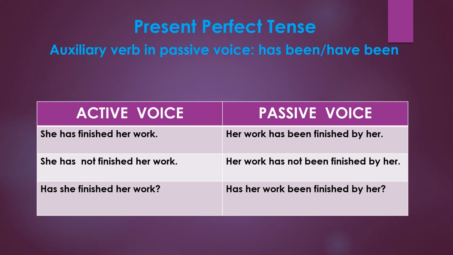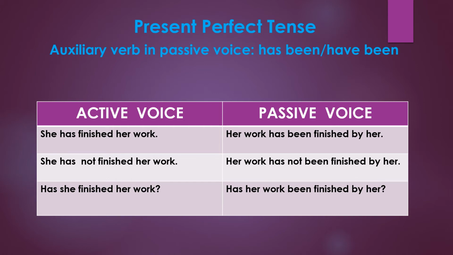So here has been and have been are to be used in passive voice when changing active into passive. If the active voice is in perfect tense, when we change it into passive voice, the auxiliary verb which we use is has been or have been. Okay, so let's see some examples.